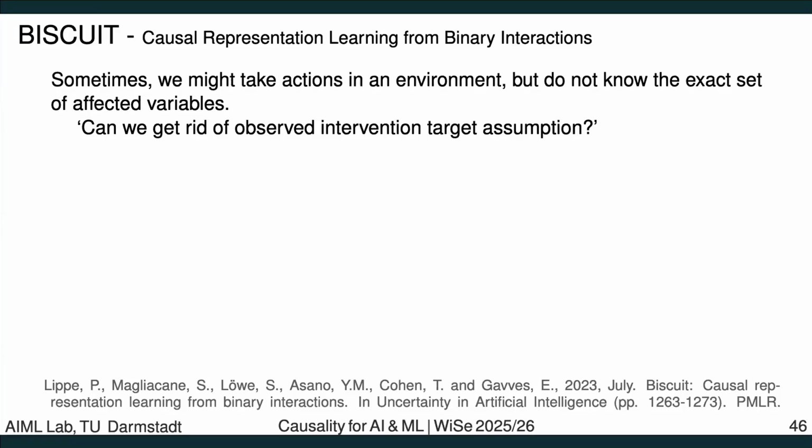So what this says is I only observe now a vector of binary interactions, which means I know my agent lifts an object, my agent opens a door, but I do not know which of my latent variables will react to those interactions. Basically, I tell my agent, do this or that, and I still want to figure out the causal graph without knowing which of those latent variables are targeted.